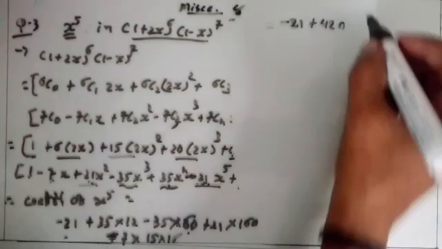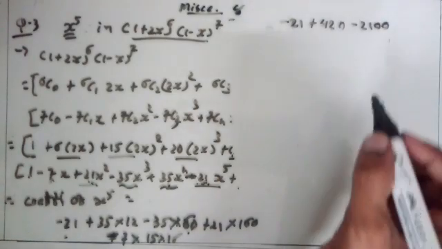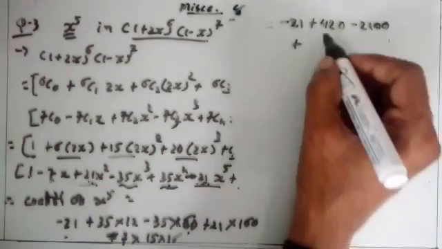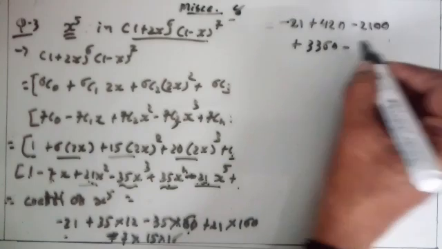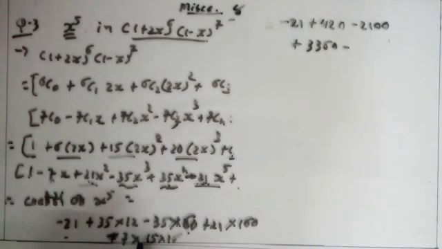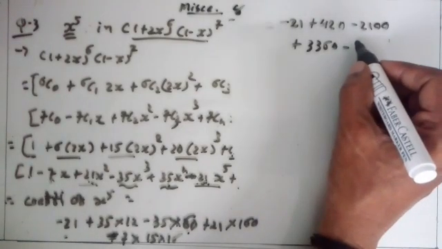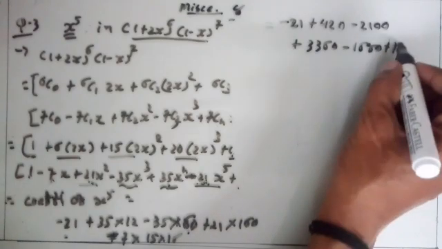Here becomes minus 2100 plus the product of these two, which becomes 3360, minus the product of this, which becomes 21 into 6, plus the last, 1680 plus 192.